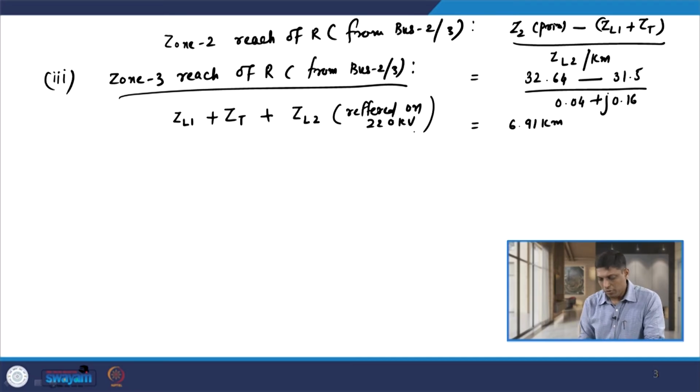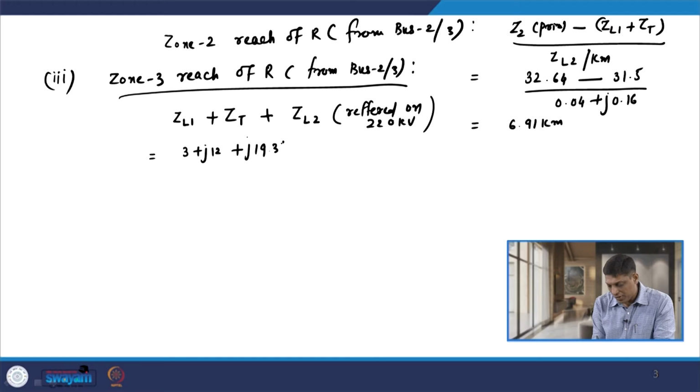So, that we need to calculate. So, if I just add ZL1, that is 3 plus J12, plus ZT, that is J19.36, plus ZL2. So, the value of ZL2, that is 4 plus J16.